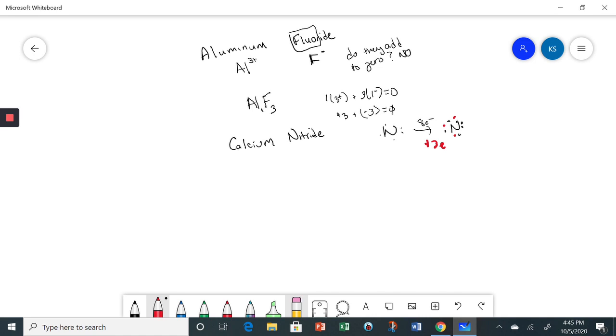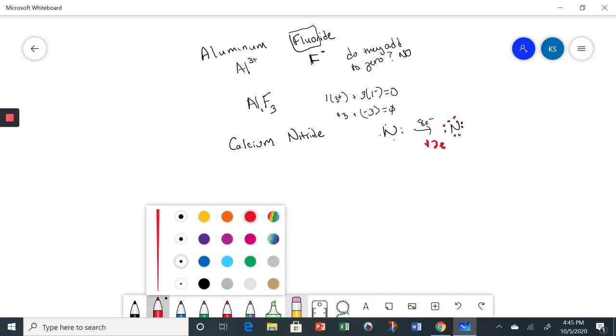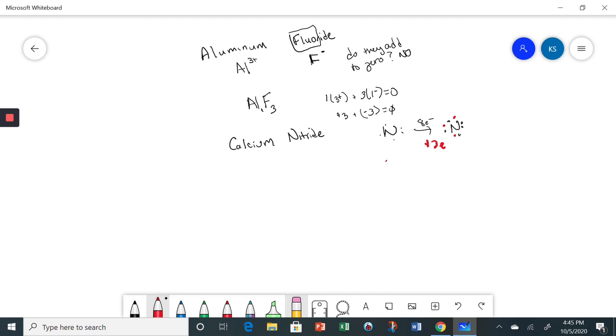So nitrogen likes to have, my little red pen is really thick. Come on, red pen. Come down here. Not behaving today, that's okay. So nitrogen actually likes to have 3 extra negatives. So nitride will be 3 minus. Calcium is group 2.